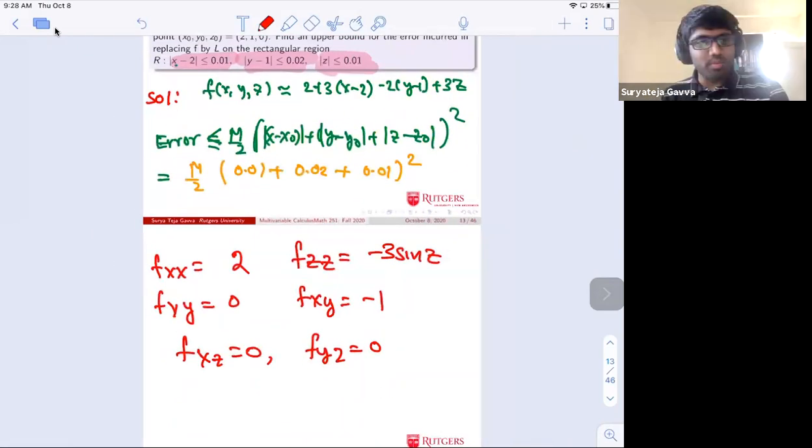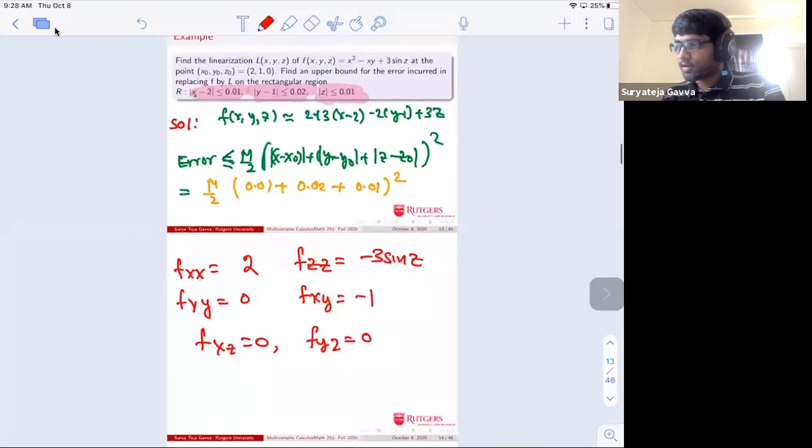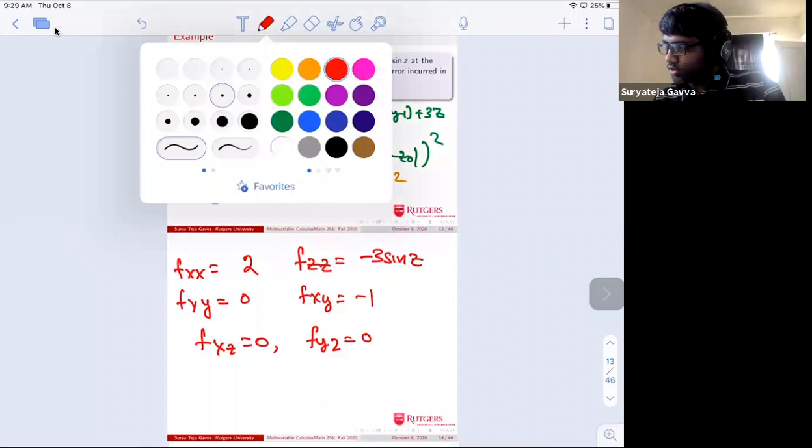So now can you tell me what is the bound on all these numbers? M is the bound on these numbers.